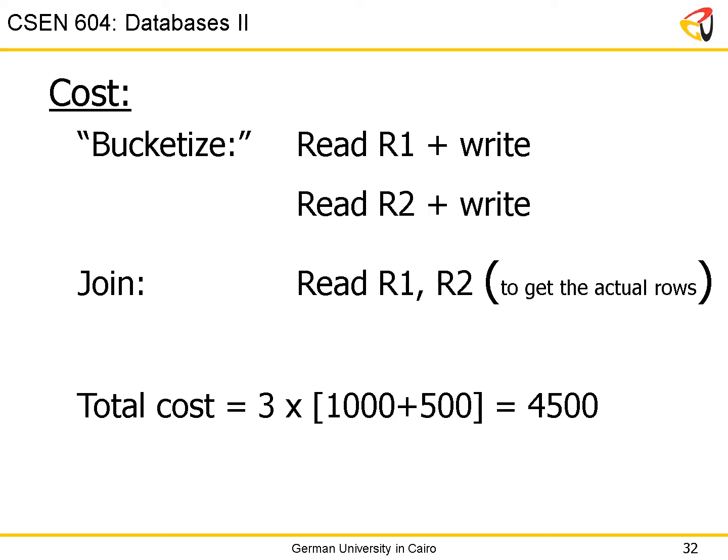And then we do the same for R2. The first line means we've constructed the hash table and written the buckets to disk. I'm going to read all of R2, so that's paying 500 IOs, plus writing the buckets to disk.